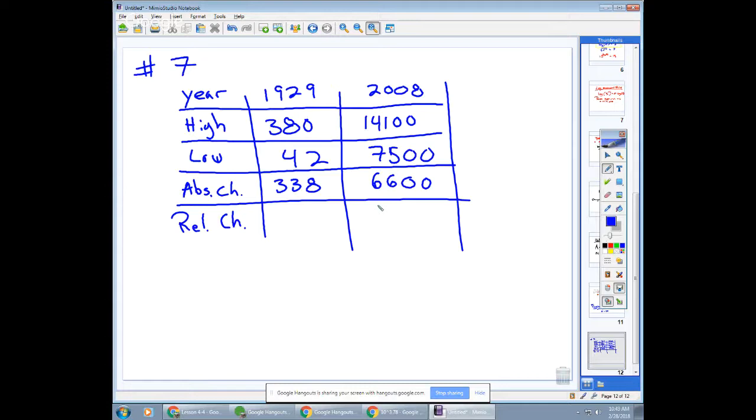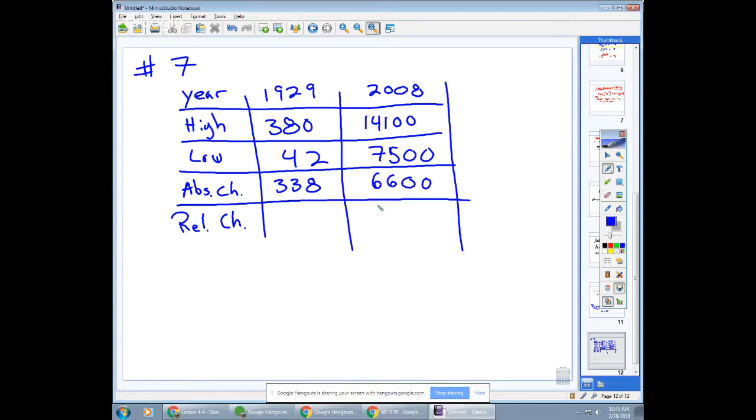Are we taking it from the base? Yeah, so first just do 1929 and don't worry about 2008. In 1929, it went from 380 to 42, so that's an absolute drop of 338.